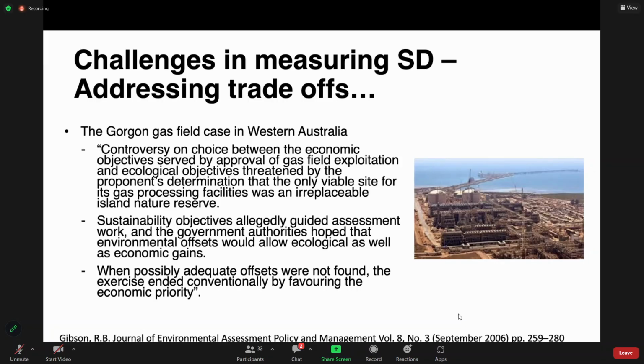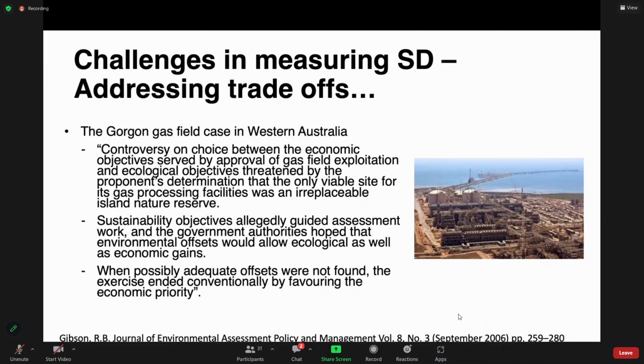So you have ecological objectives, the ecological value of the reserve, as opposed to the economic advantages you get from having the gas field.